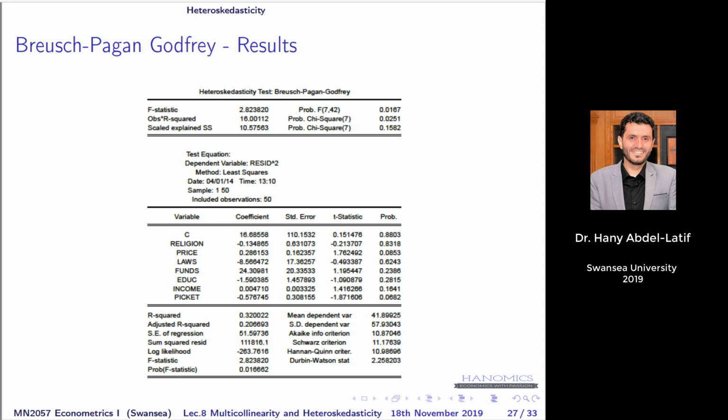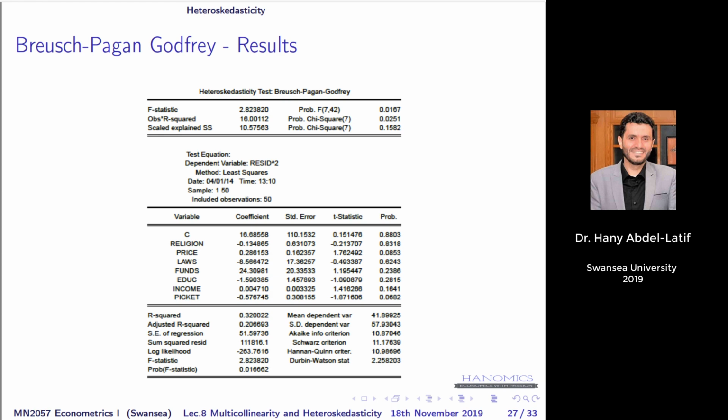For any statistical test, you really need to ask yourself, what is the null hypothesis? Otherwise, you cannot make the right conclusion. In this case, with the Breusch-Pagan test and the White test as well, it is the same null hypothesis: errors are homoskedastic, or the variance of the error is constant.